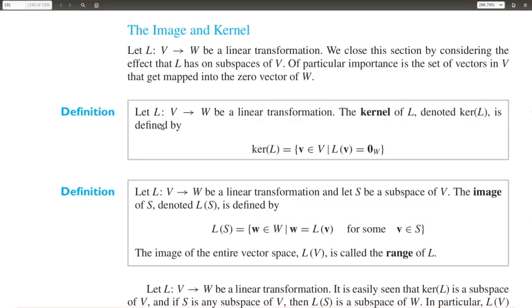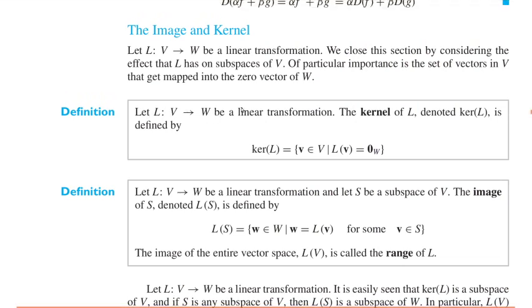So let L from V to W be a linear transformation. The kernel of L, denoted ker L, is defined as every vector, it's a collection, notice that this is a set notation, it contains every vector V such that L of V is 0.